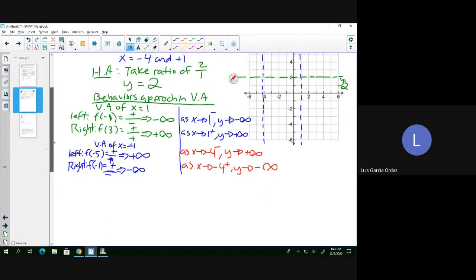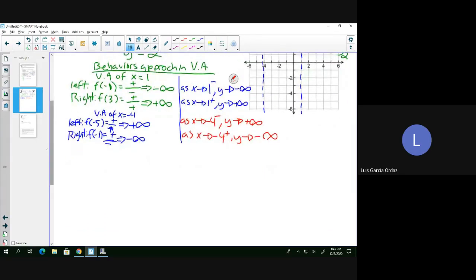So now that we know our behaviors approaching the vertical asymptotes, okay, now we need to figure out if there is a crossing of the asymptotes, okay? So remember the y values, how positive and -1 were very important.